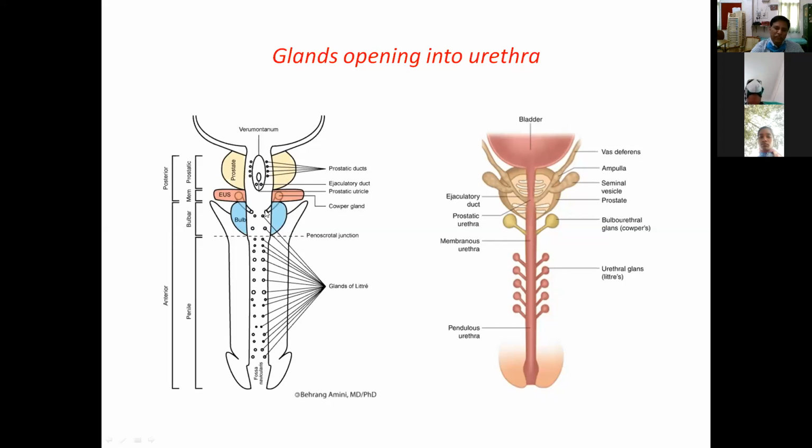That's why they are called bulbourethral glands. Beyond that, a number of tiny glands open all along the urethra. They are called glands of Littre. All these secrete mucoid material for easy passage of the urine through the urethra without causing any friction.